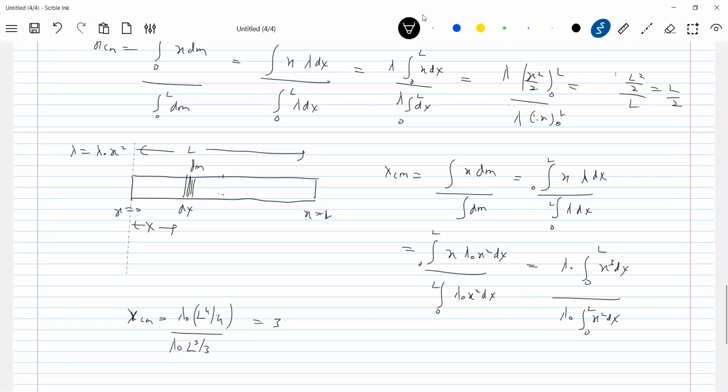Lambda naught gets eliminated, so this becomes 3L by 4.